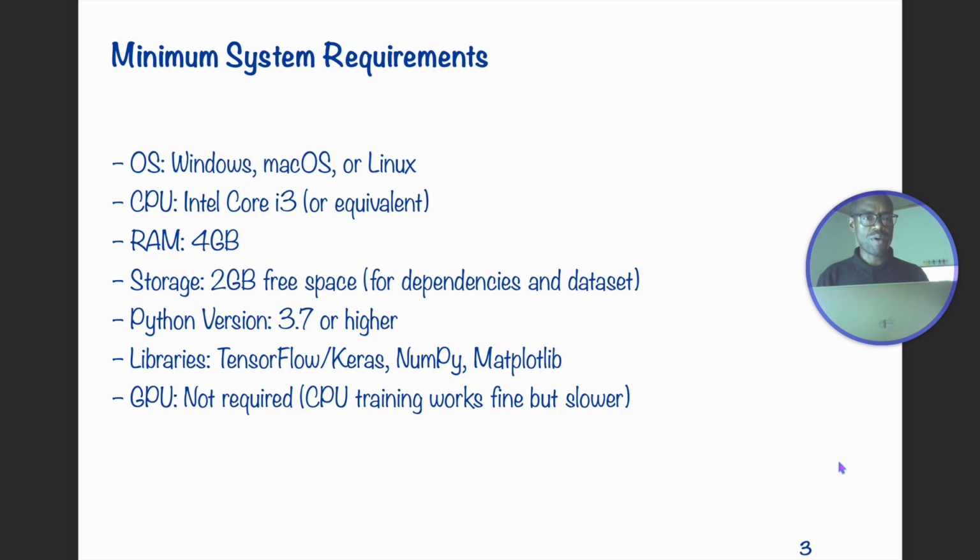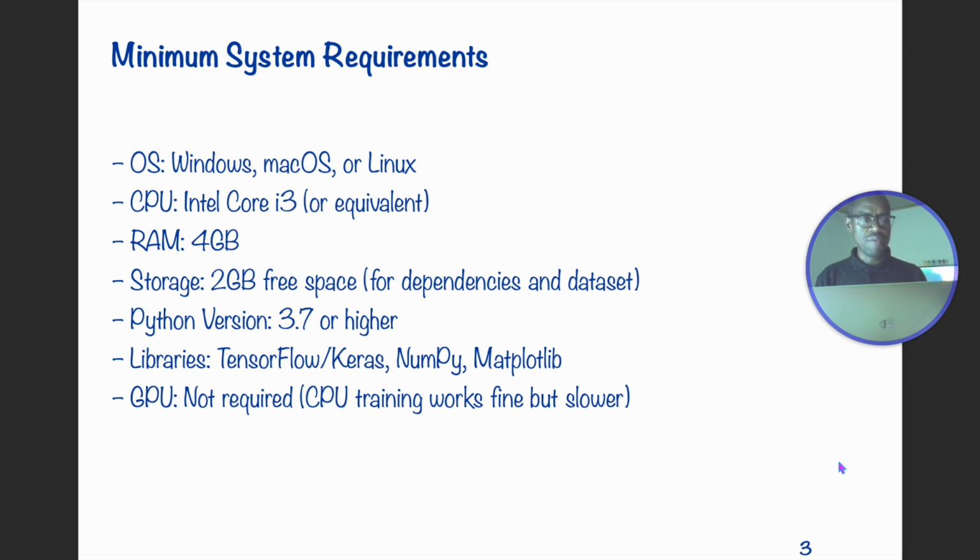Let's look at the minimum system requirements. MNIST can work when you have Windows, Mac OS, or Linux. If you have Intel Core i3 or equivalent, it will work. It can work on RAM of 4 GB and a storage of 2 GB free space.